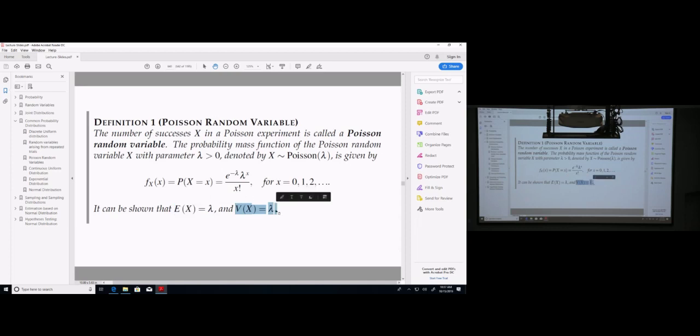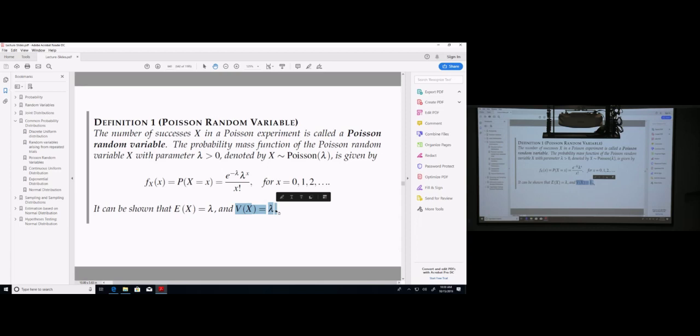So if the mean of the binomial and the variance of the binomial are about the same, then it is legitimate to use Poisson approximations.